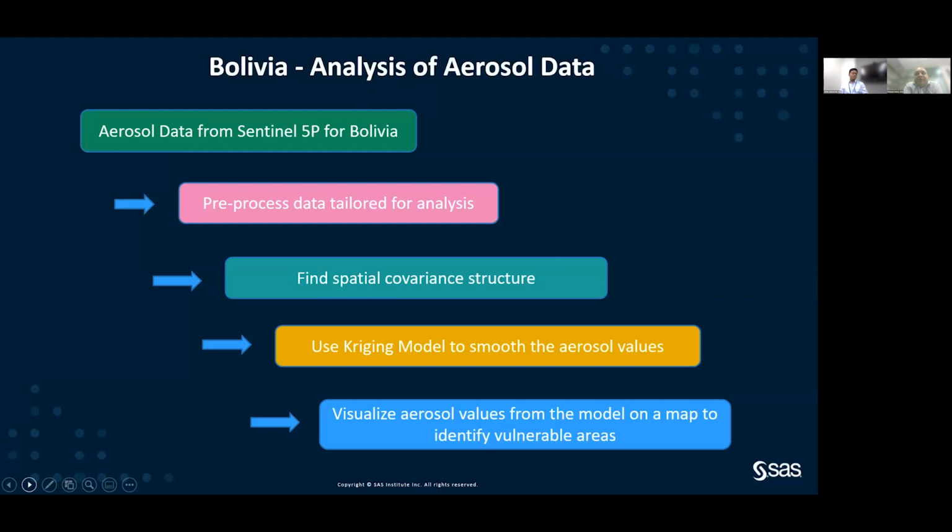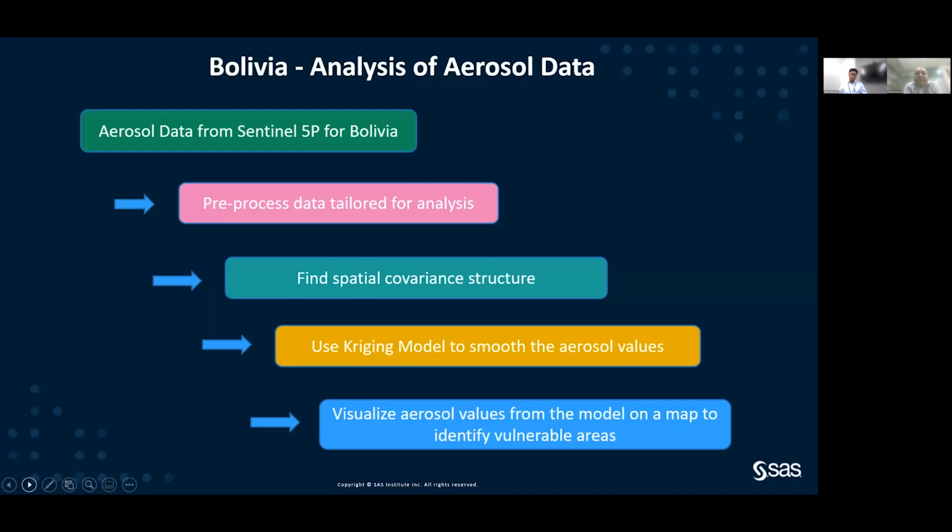Processing the aerosol data that we got from Sentinel-5P was a really challenging step, where we had to process multiple raw spatial data files. Just to give you an example, just for the year 2021, there were around 625 different raw files just for the months from July to December.